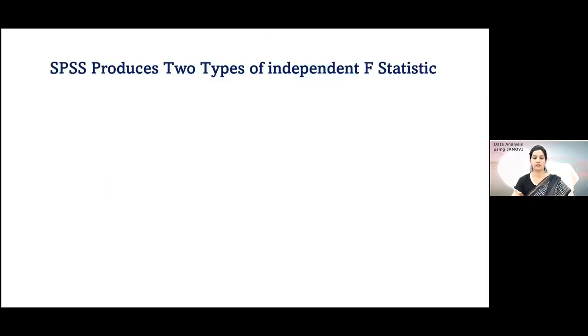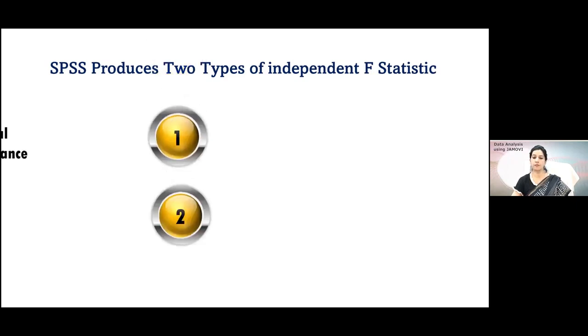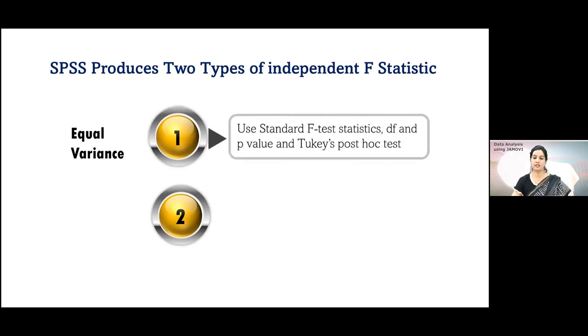So jamovi also produces two types of independent F statistics. If equal variances are assumed, then we use the standard F statistic, its degrees of freedom and the type of post hoc, because there are 3 groups. So you compare the values also, like between 1 and 2, 1 and 3 and 3 and 2. So you do the post hoc comparison.